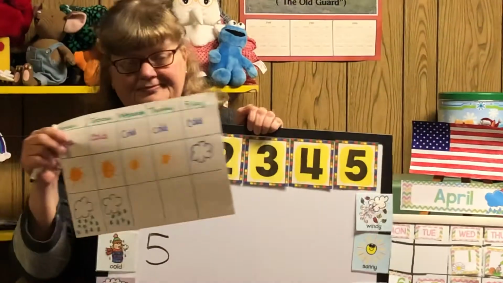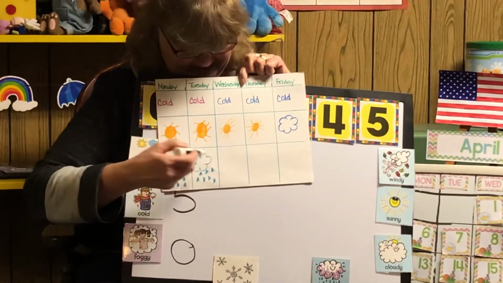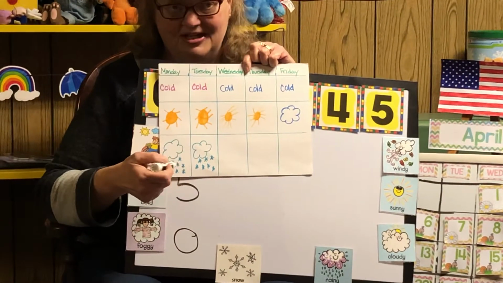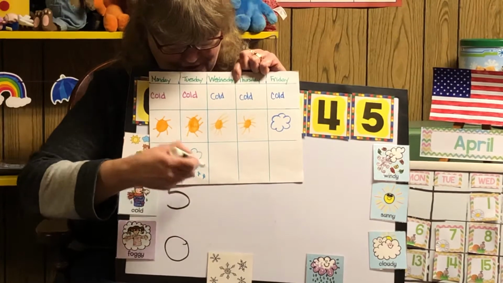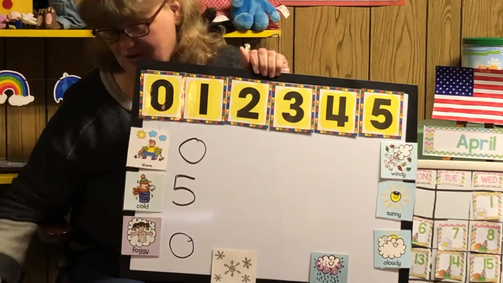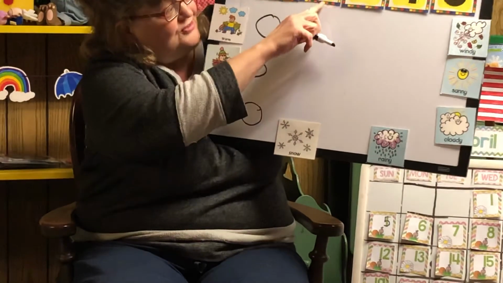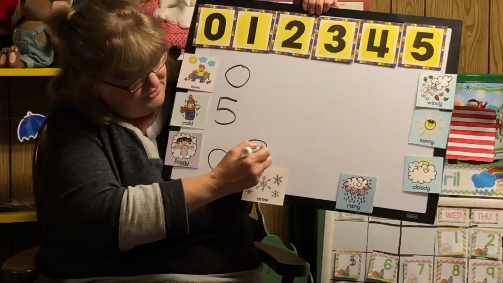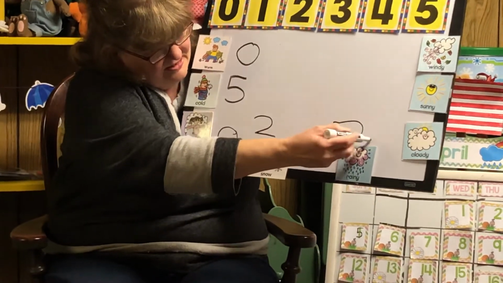Well, like I said over here, on Monday and Tuesday, it was a combination between snow and rain. And there's how many? 1, 2. So I'm going to write a 2, which is this number right here, above snowy, and a 2 above rainy.